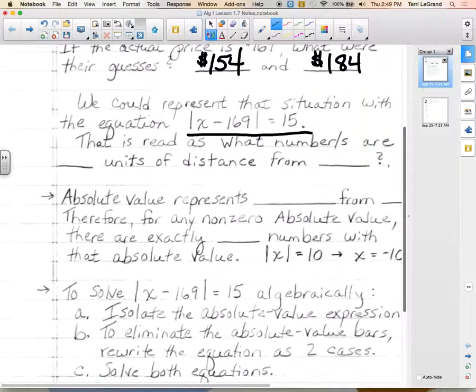Absolute value. This means absolute value. So we have the absolute value of x take away 169. That is supposed to equal 15. I'm telling you that represents that situation up there.